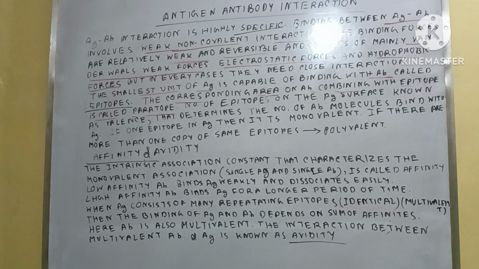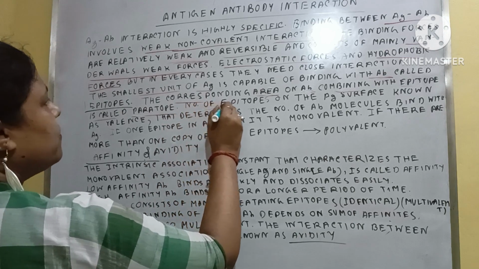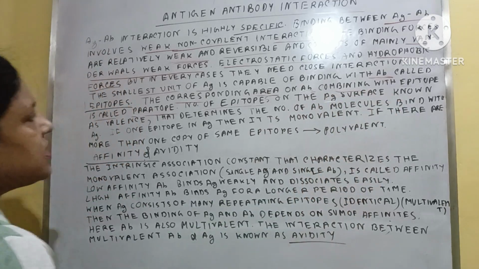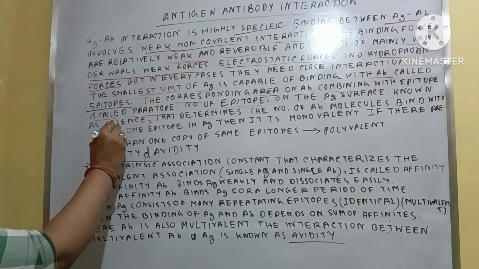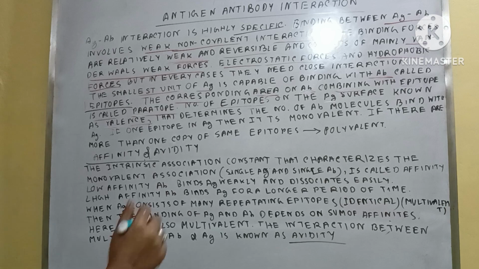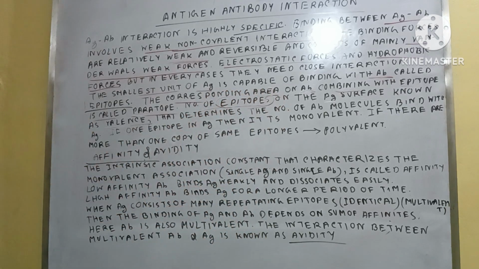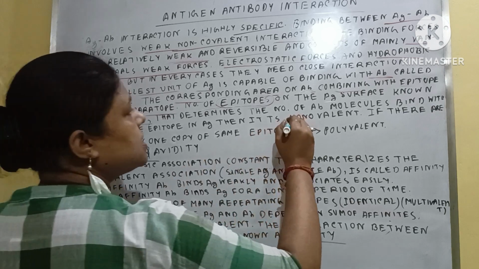Clear? And now, the number of epitopes on the antigen surface is generally known as the valence. What is called the valence? The number of epitopes present in the antigen. So, if one epitope is present in the antigen, then it is called monovalent.